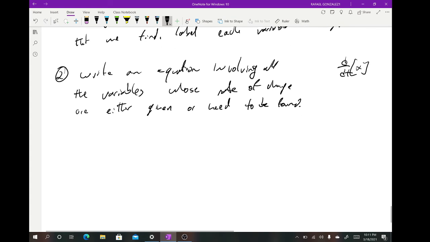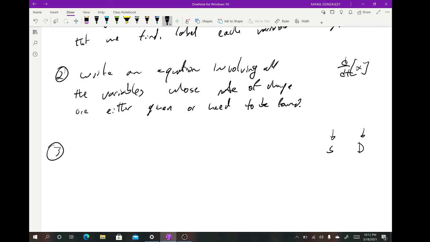For example, if you're told to find the speed as related to the distance traveled, then you should have a variable for speed and a variable for distance, especially if you're given the rate of change of those.